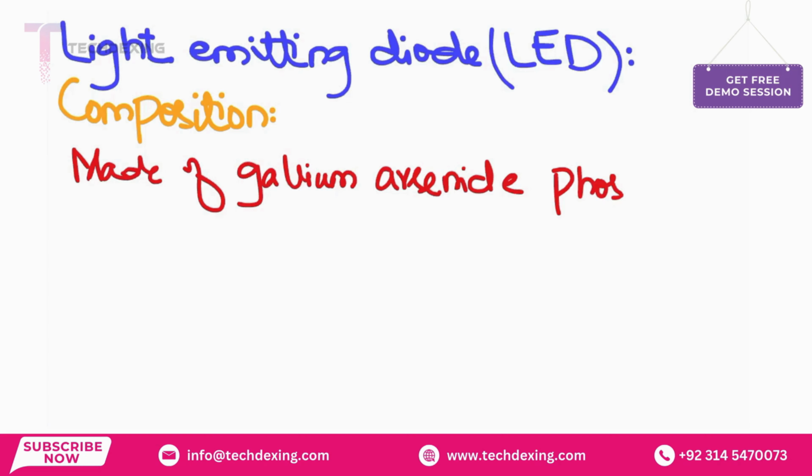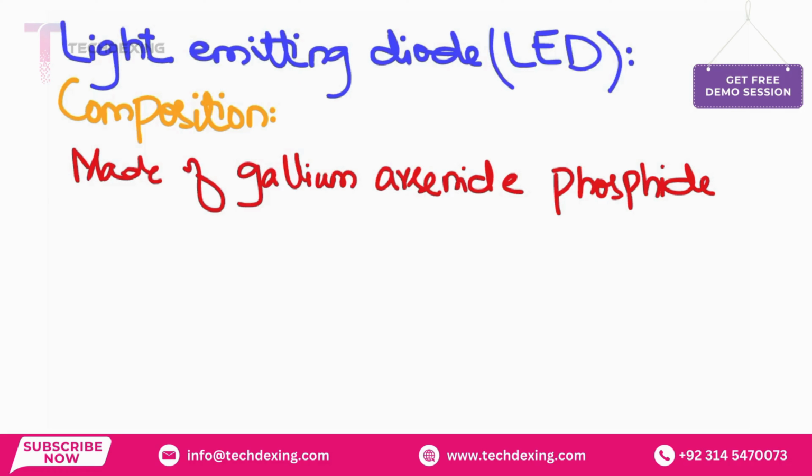In chemistry, you may have learnt about the periodic table. Have you studied the periodic table? Yes, sir. So you may have heard the names of these elements: gallium, arsenic and phosphorus.